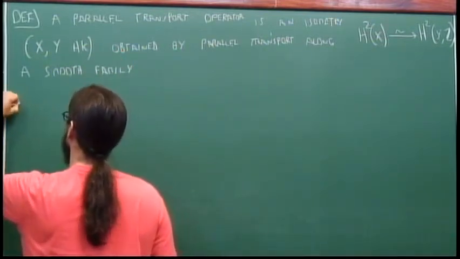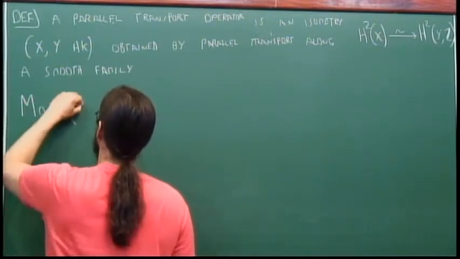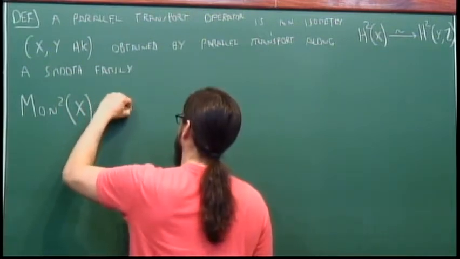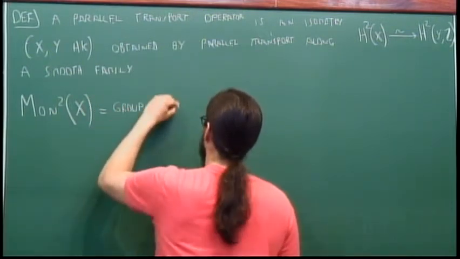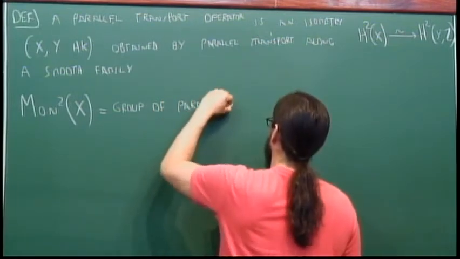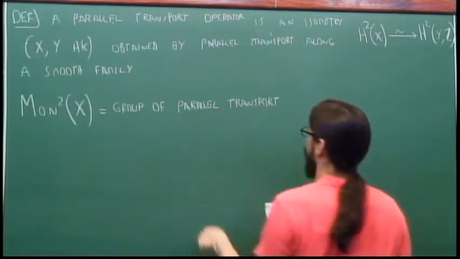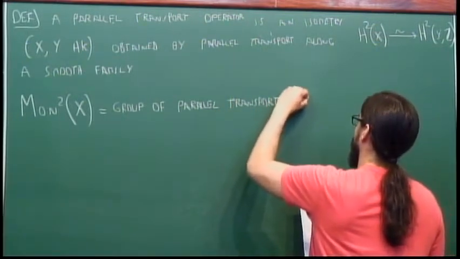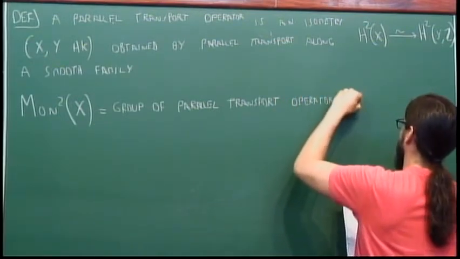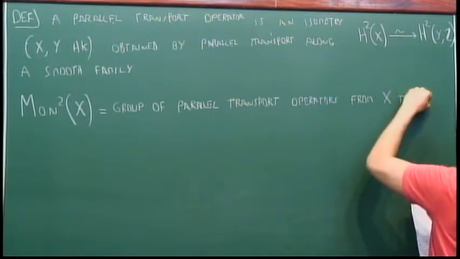And the group Mon^2 of X is just the group of parallel transport operators from X to itself.